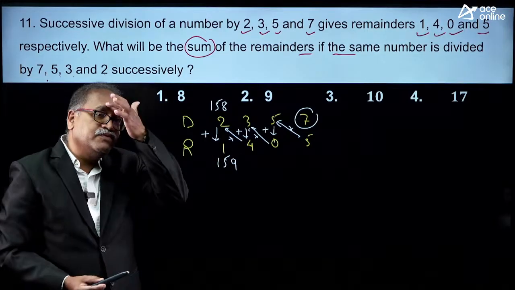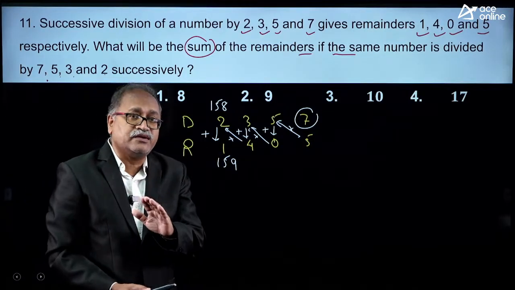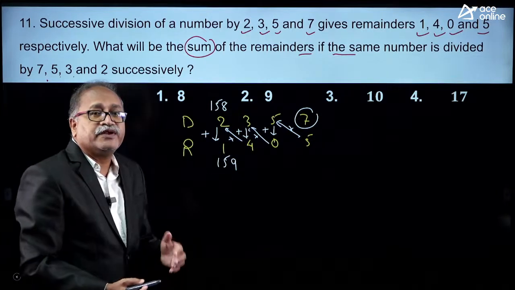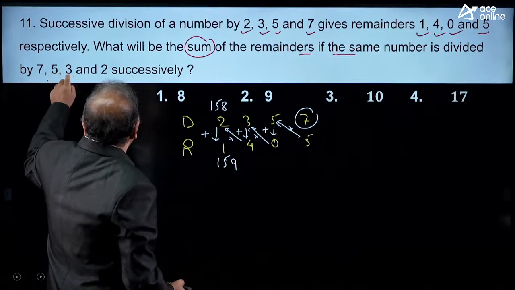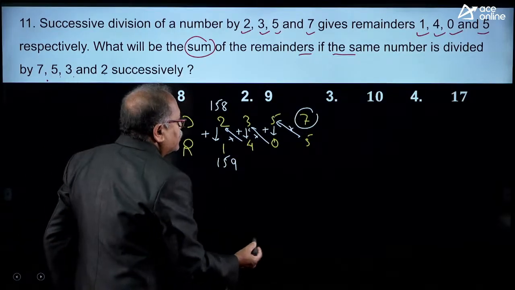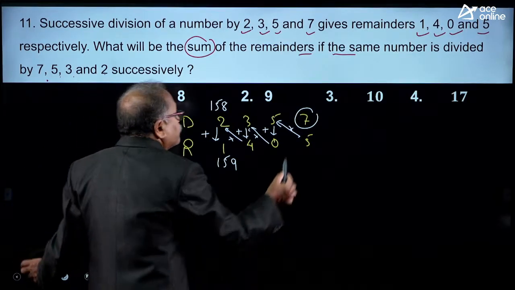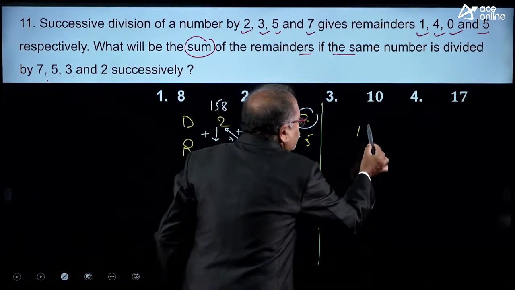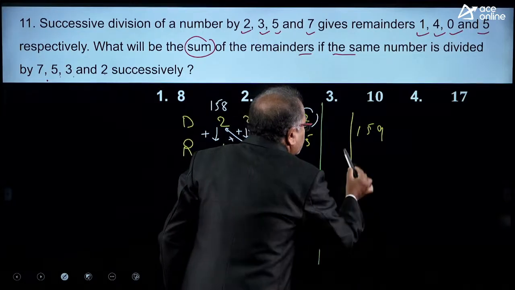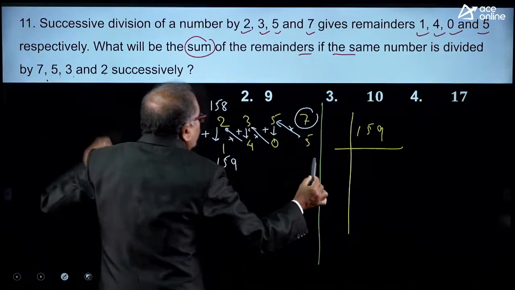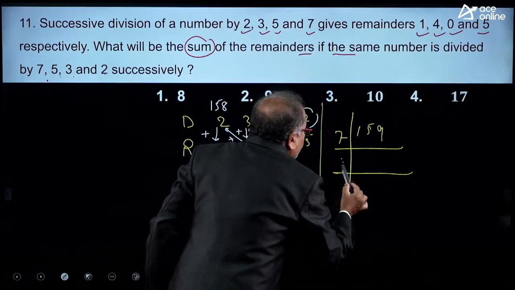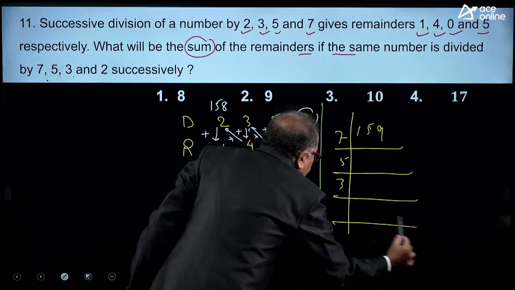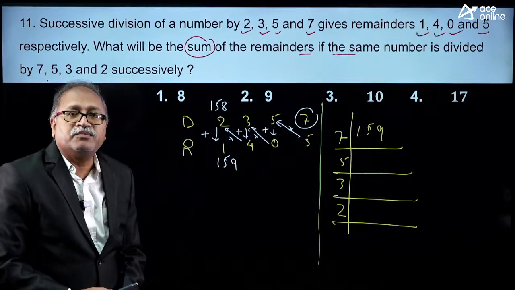If you understand, previously you have done this successive division, then you are able to understand this part. Okay. Now this 159 is successively divided by 7, 5, 3, 2. So take this number 159, then divide successively by 7, 5, 3, 2 and take the remainder.